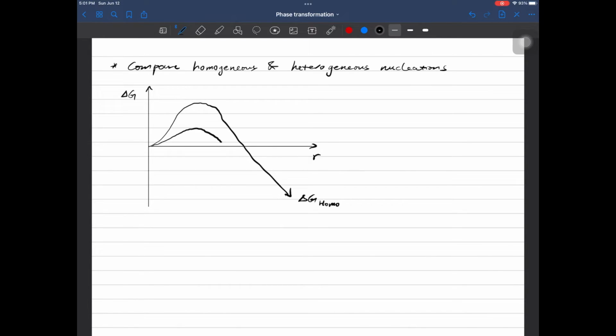Here is the homogeneous one, and the second is the heterogeneous one. Looking at the similarity first, both the heterogeneous and homogeneous cases share the same value of r star, the critical radius. We can tabulate it, and I will not read out the values.